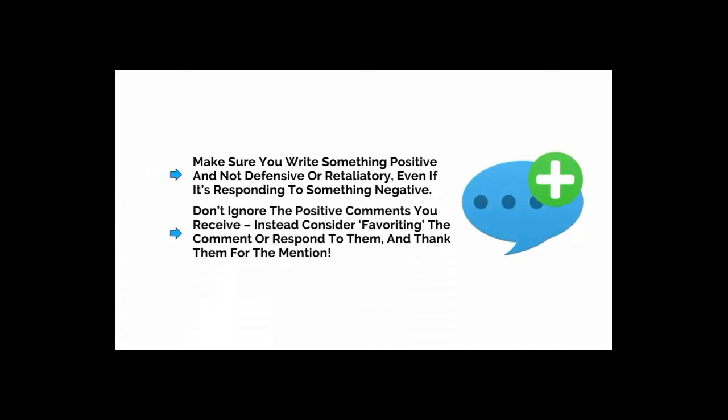Also, don't ignore the positive comments you receive. Instead, consider favoriting the comment, which might get you a new follower, or respond to them and thank them for the mention. You can do the same thing by responding to reviews and putting forward your own point of view. Do be careful not to unnecessarily attract more attention to bad press, though. It's a fine line to walk.